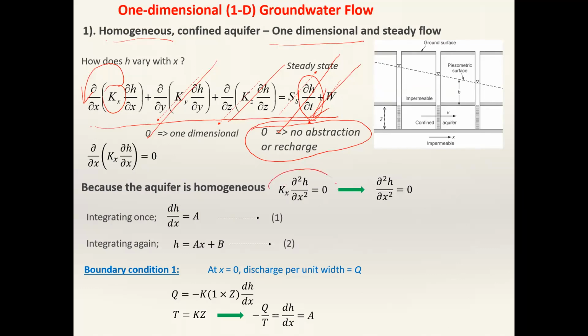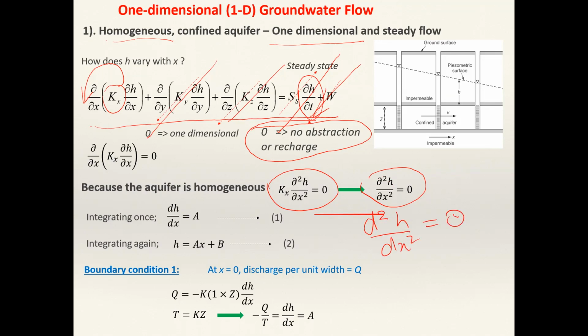What is it? This is the equation. Of course, the hydraulic conductivity cannot be 0. Therefore, ∂²h/∂x² should be equal to 0. Then we do the integration. Since we are talking about the change of the hydraulic head only in the X direction, we don't have to use the partial derivative. We can use d²h/dx² equal to 0.